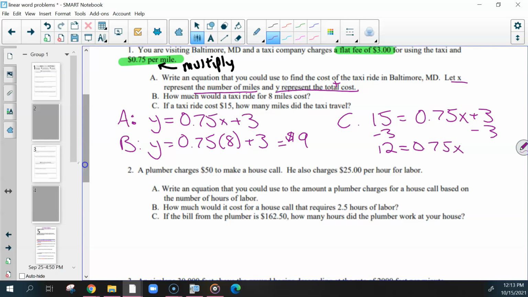Off the top of my head, I don't know what 12 divided by 0.75 is. 16.